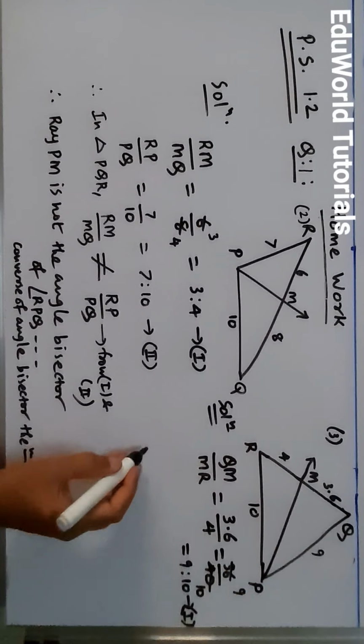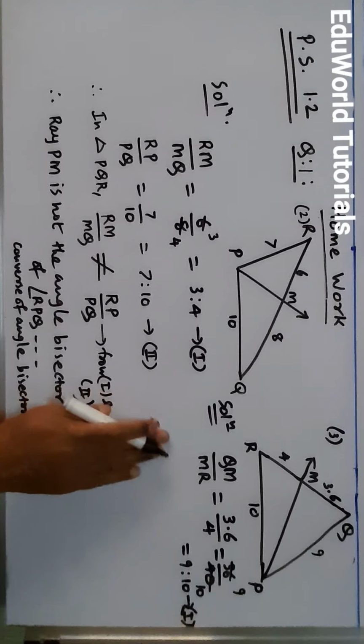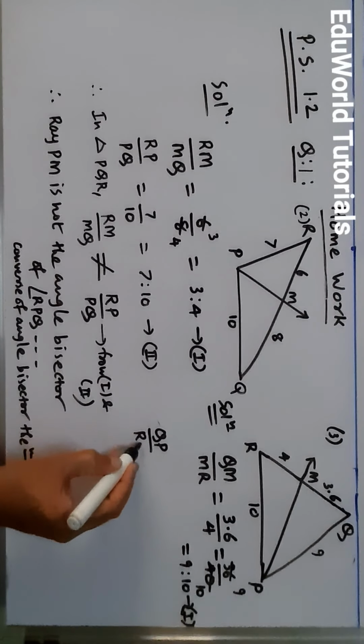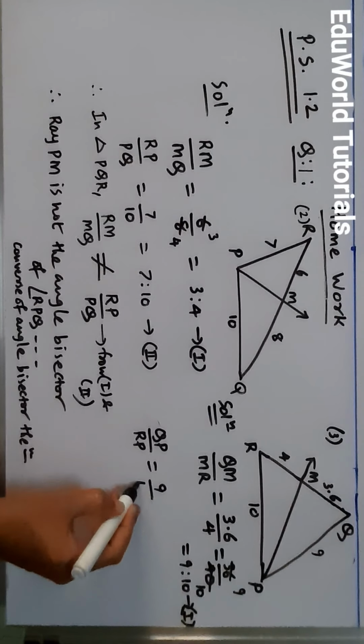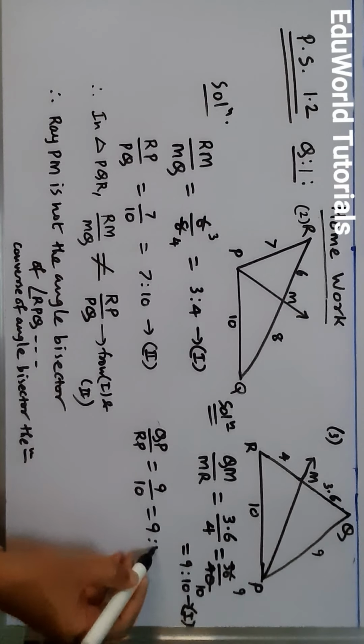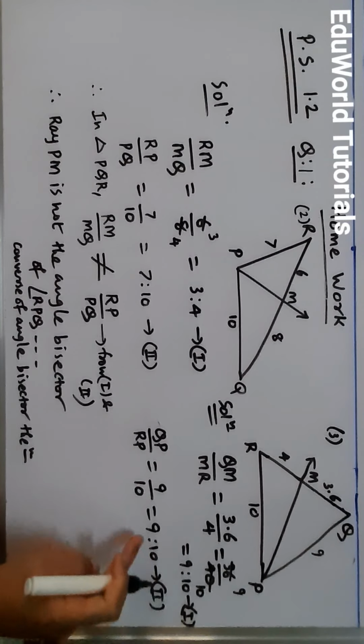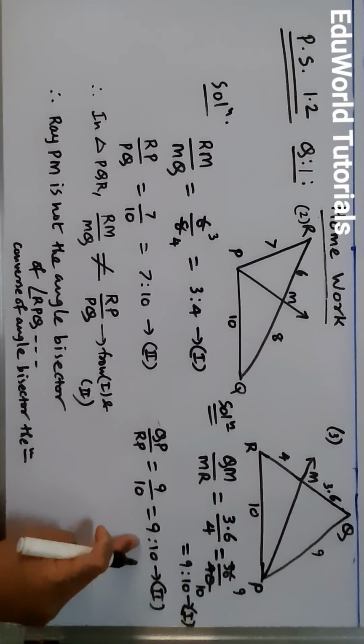Now as I have taken ratio QM to MR, now I will take the ratio QP to PR or RP. So ratio QP to RP is equal to 9 upon 10, which is written as 9:10. Result number 2. We are seeing that these ratios are equal.